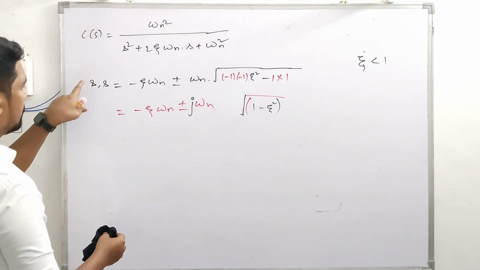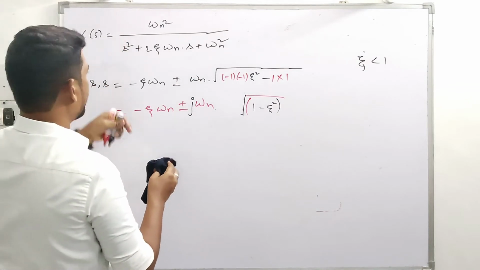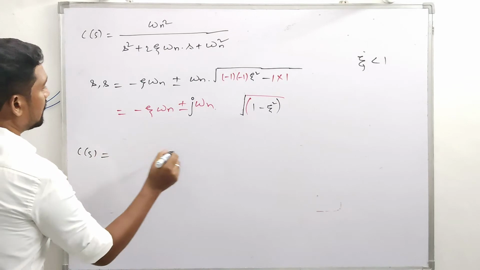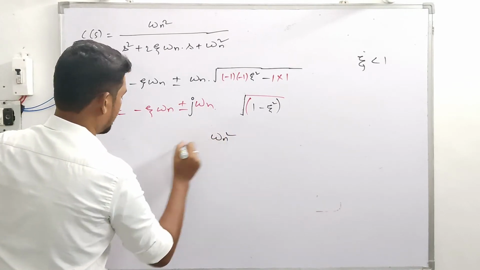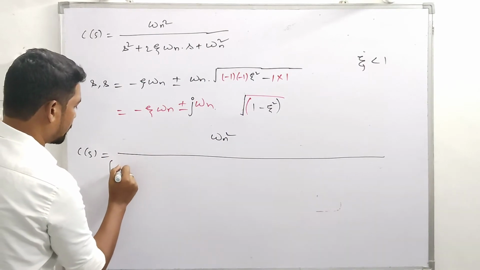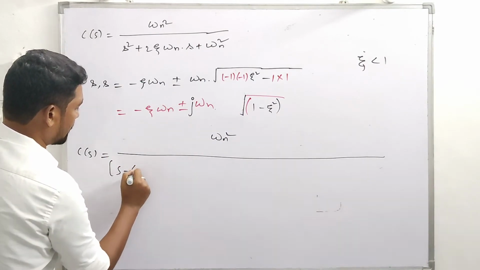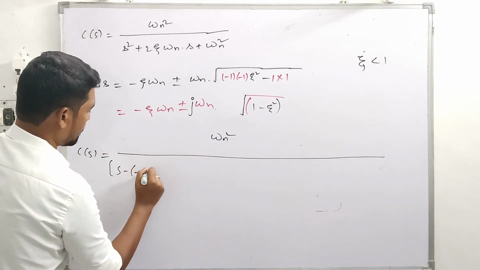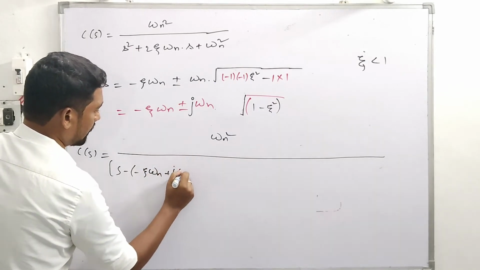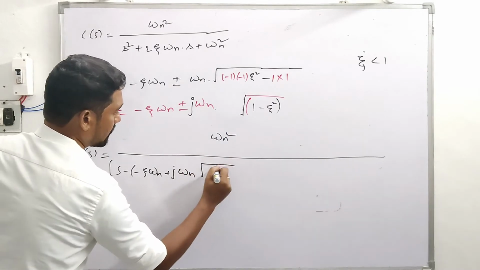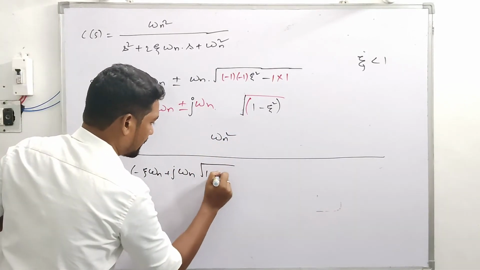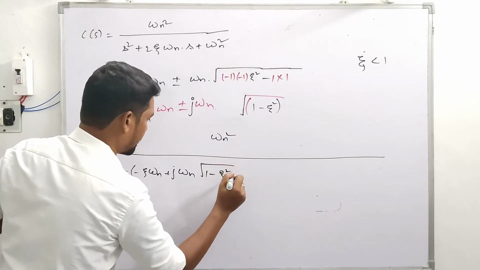How to write down this one? This expression can be written for C of s will be omega n square upon the same like the previous one. All right, so close the bracket for s minus of minus zeta omega n positive j omega n into under root it's 1 minus zeta square this time. All right, 1 minus zeta square.